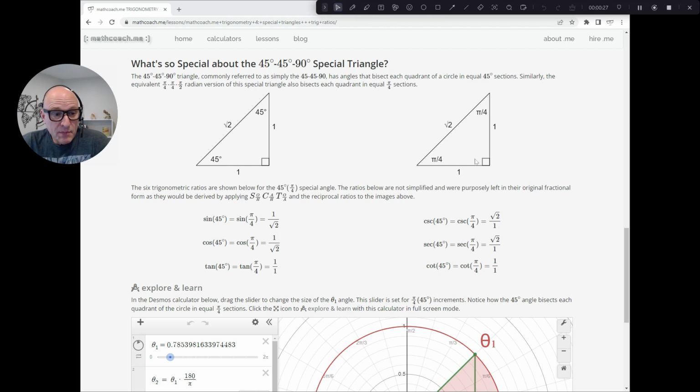One thing that's special about this is, like the 30, 60, 90, its 45 degree angle bisects each quadrant of a circle. And like the 30, 60, 90, you'll find these trig ratios and these angles in a lot of questions on your tests and quizzes, and on your exams as well. So let's take a look at some of these trig ratios.